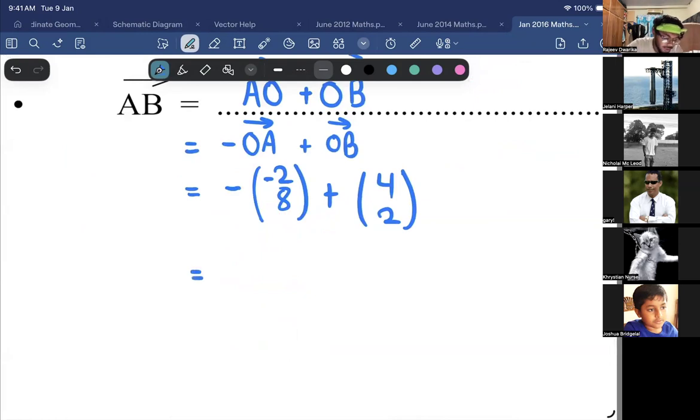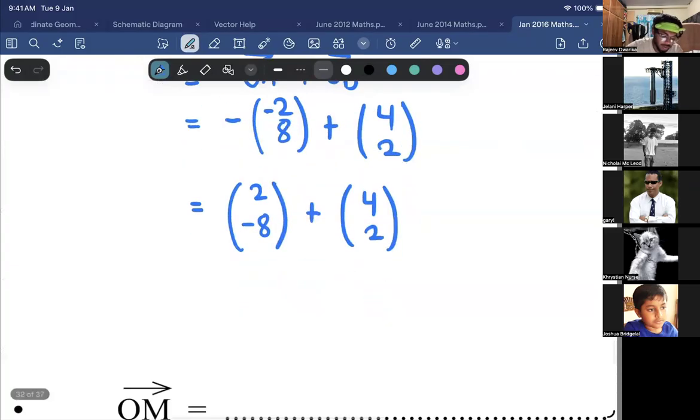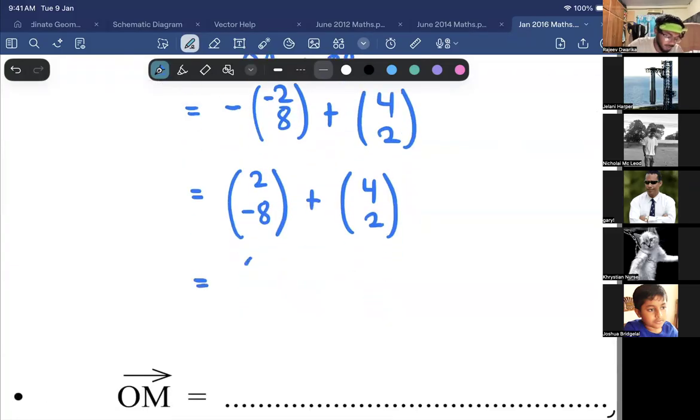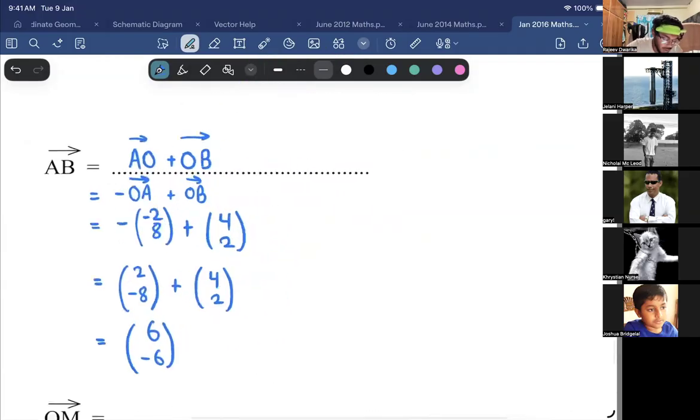So if you change the signs for -2 and 8, you're gonna wind up with 2, -8. All right, and if you add the horizontal components, 2 + 4 is? 6, sir. And -8 + 2 is? It's -6. Now let me show you a shorter way to do that.